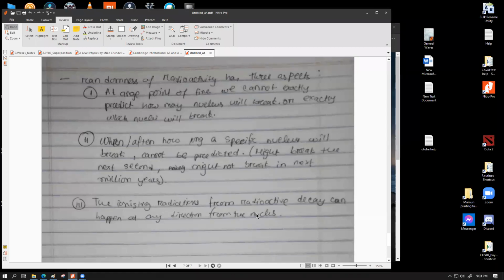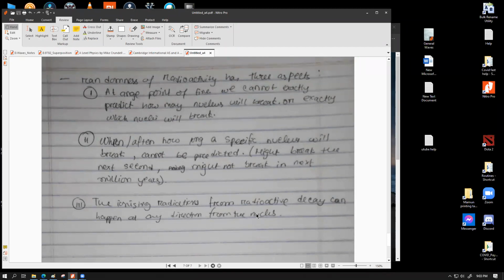Radioactivity being random means that we can never predict exactly how many nuclei will break down within a specific duration of time. We can guess around. We can have a prediction that is pretty close, but we cannot exactly guess how many particles will break down within a certain duration. We can calculate a number that is pretty close, but perfectly guessing that number is not possible. And also, we cannot pinpoint which of these atoms are going to break down in the next 1 or 2 minutes.